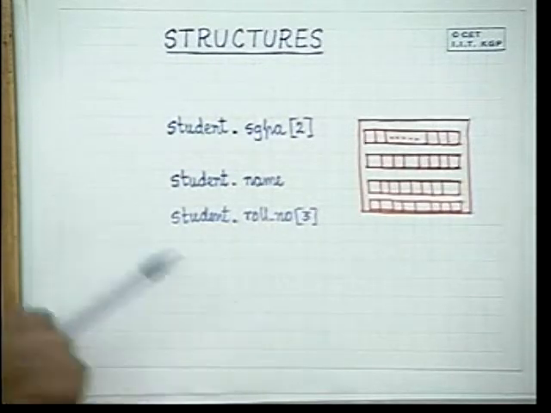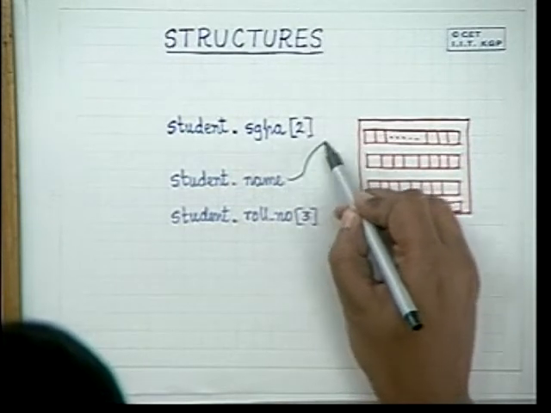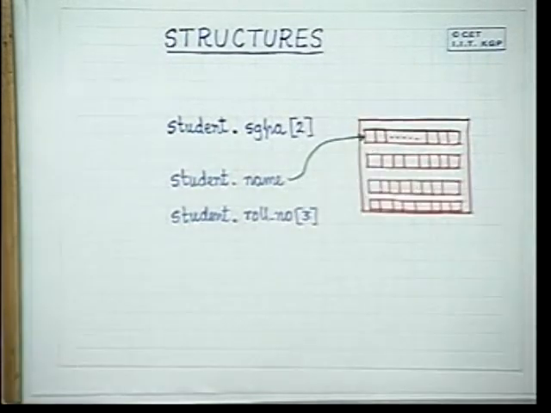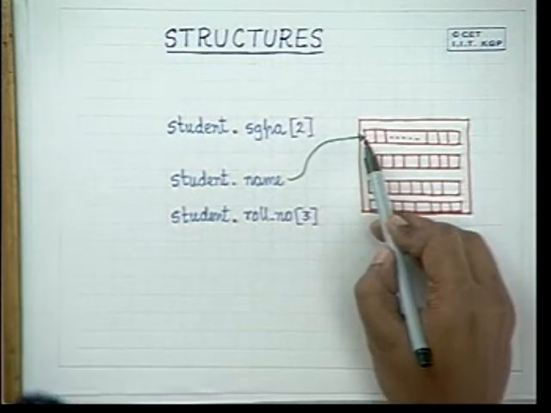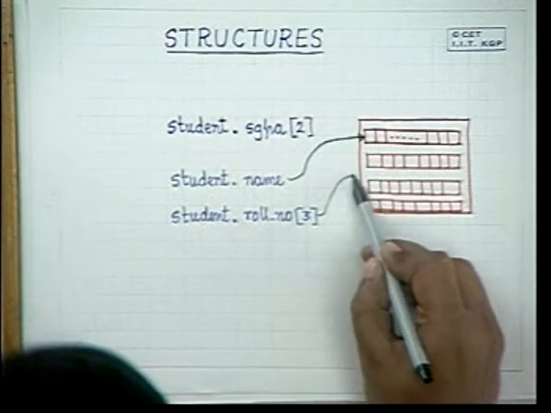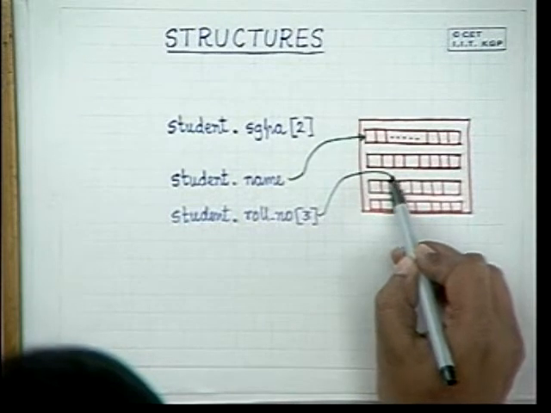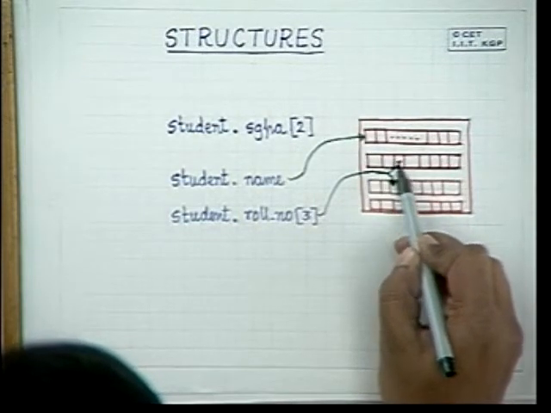Now, student dot name is a pointer here. It points to the name of this array. Student dot roll number 3 is this element. Sorry, roll number 3 is this element.